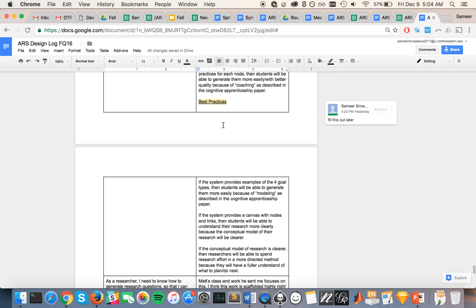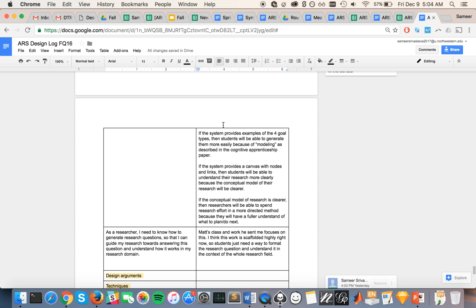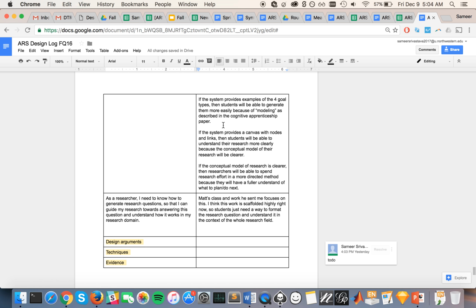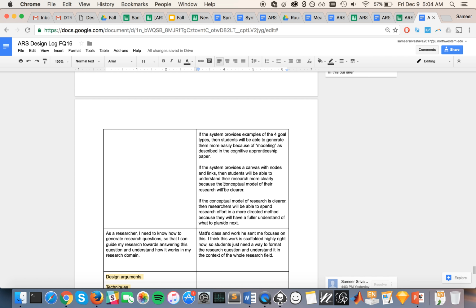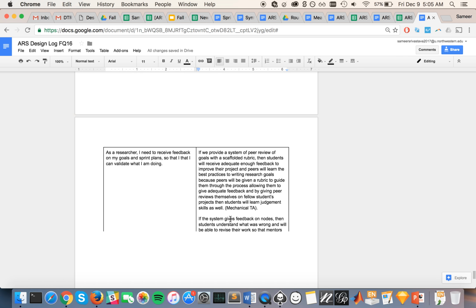A design argument should be measurable, et cetera. And if there's a clear conceptual model, and we'll have to define it a little better, people will be able to have a more directed research effort in their planning.